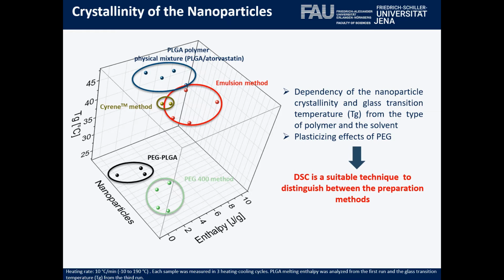We also see these plasticizing effects of PEG, whether it is covalently bound to the polymer or it is somehow involved in the preparation process. And therefore, we can say that DSC is a suitable technique to distinguish between the preparation methods.